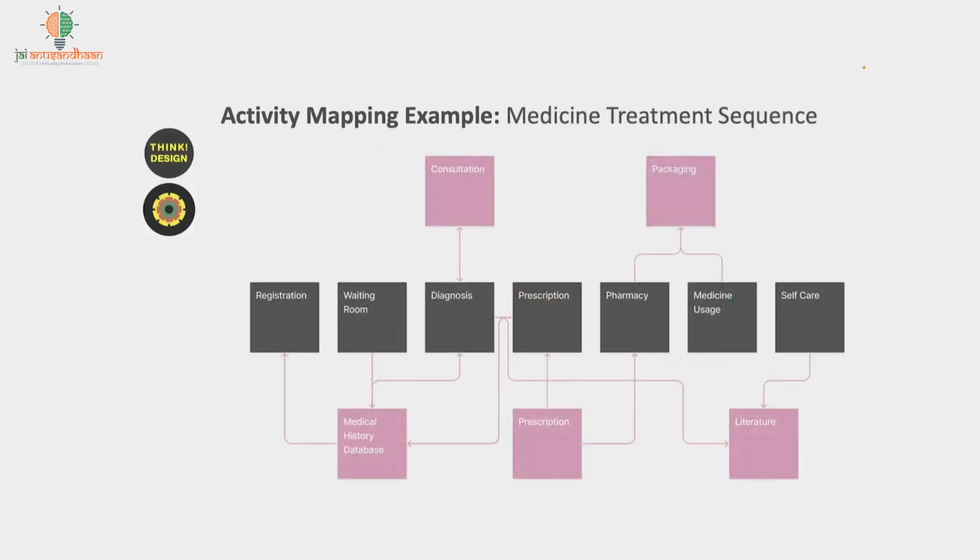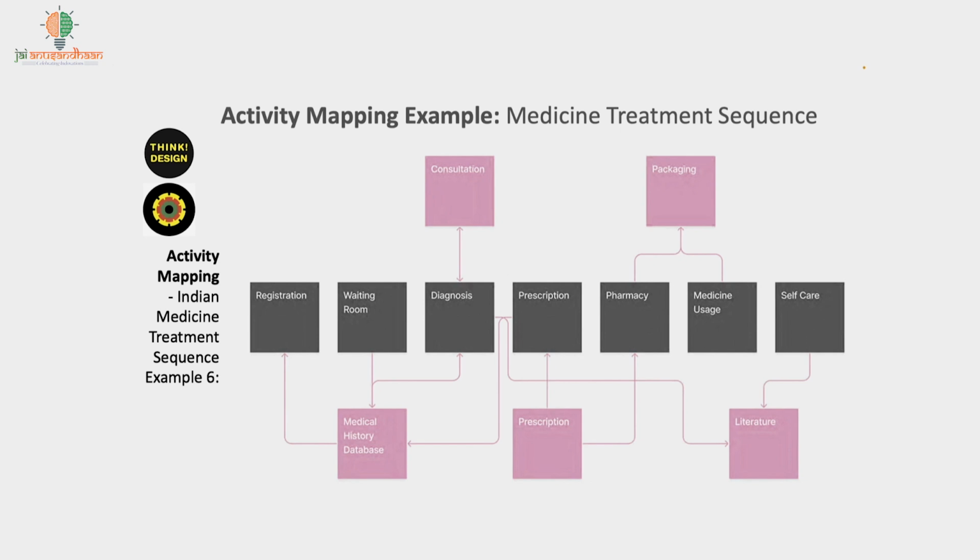For example, here a medicine treatment sequence has been shown from registration, waiting room, diagnosis, prescription, going to the pharmacy, getting the medicine, and then taking care of yourself. If you look at it, you have consultation and packaging which is necessary. There's a medical history database which needs to be managed.